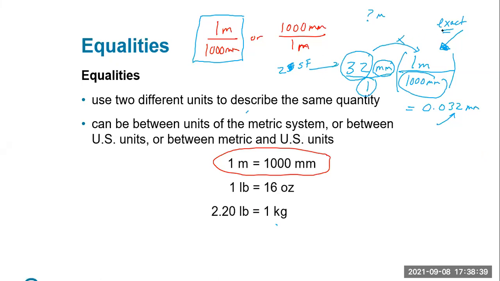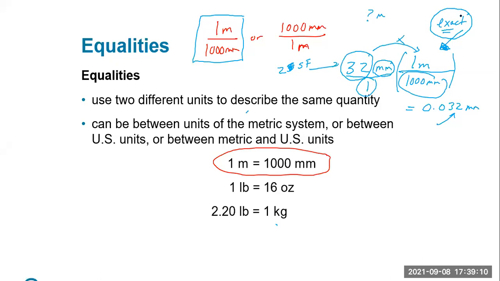Let me clarify one more time. We talked about there being 2 different types of units: the US units, and the metric units. Technically speaking, a metric to metric conversion, like 1 meter is 1,000 millimeters, or an English to English conversion, like pounds to ounces, are considered exact numbers.